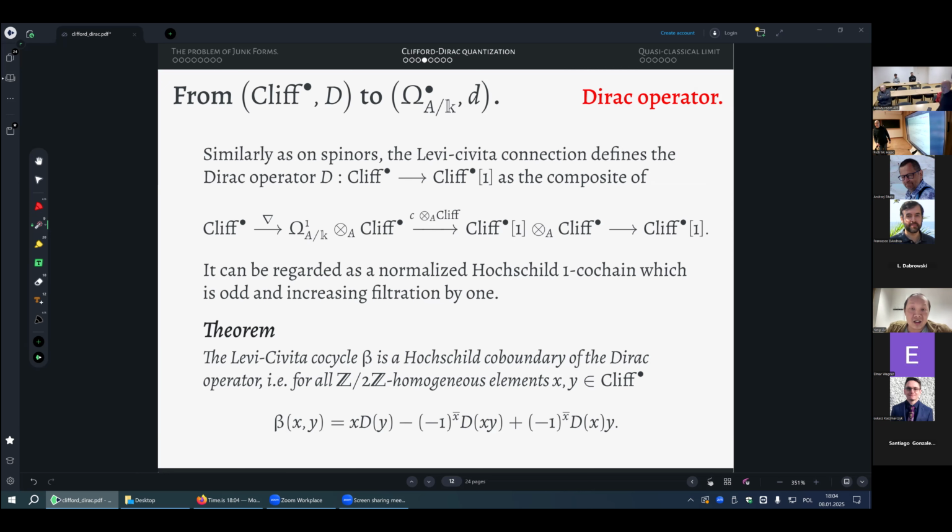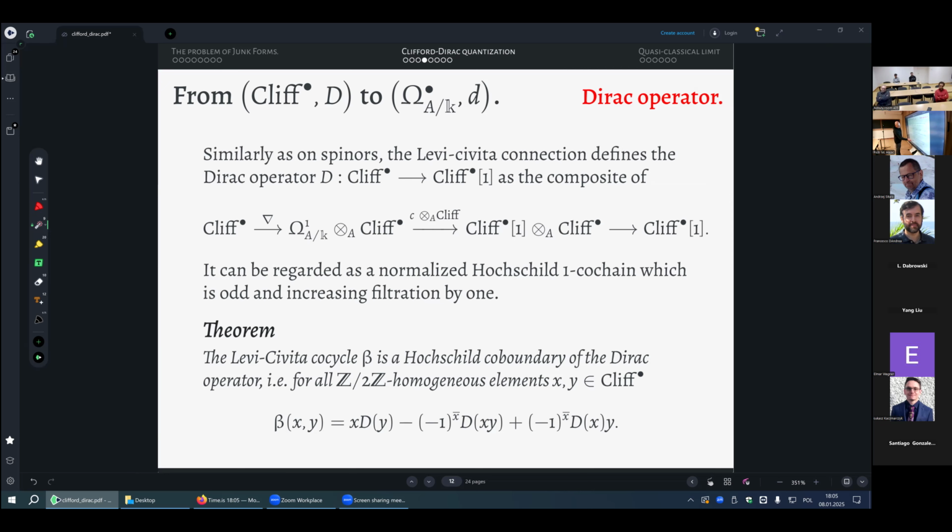Tomek, can I ask again about the last line, the last equation? Beta decreases the grade by 1, right? Yes, it decreases by 1. But the commutator, this left hand side combination, decreases again by 2. That's what you want to say. Right, this is an important point, a very good observation.